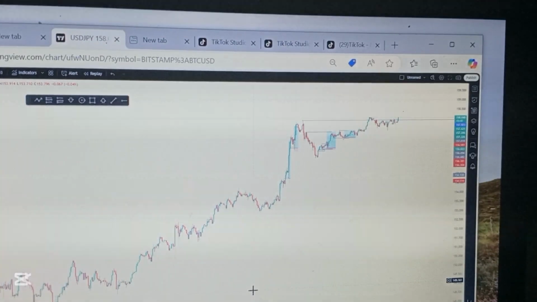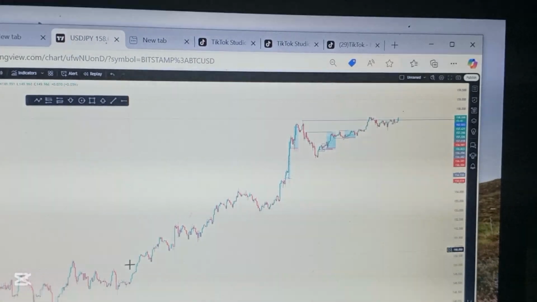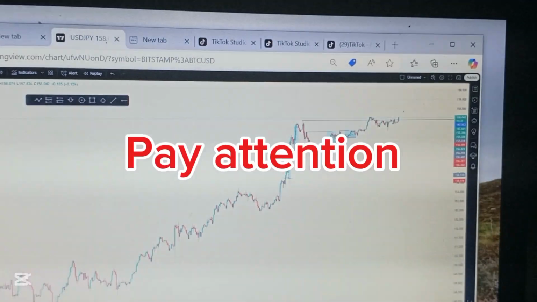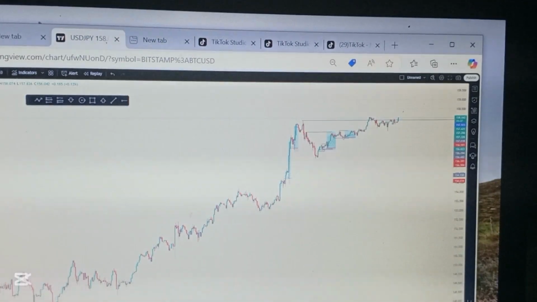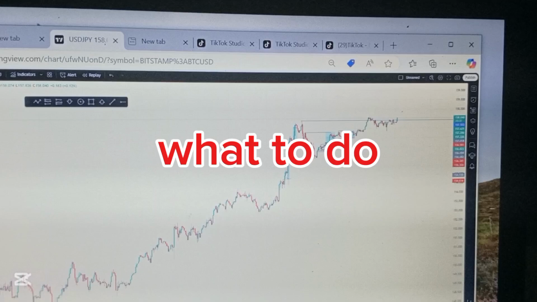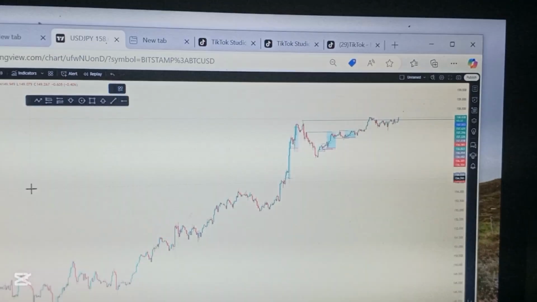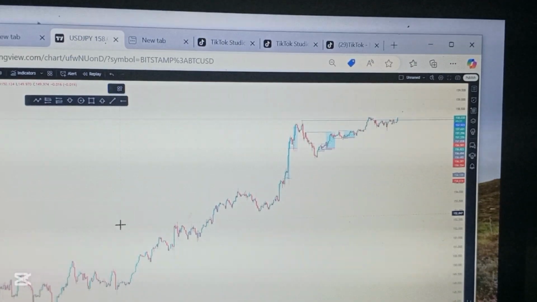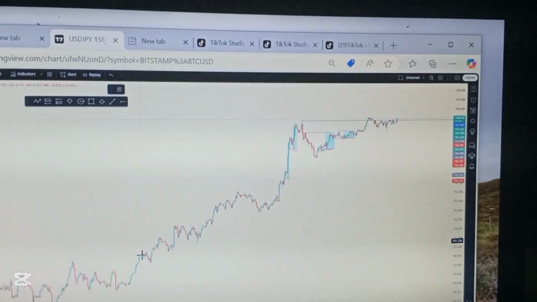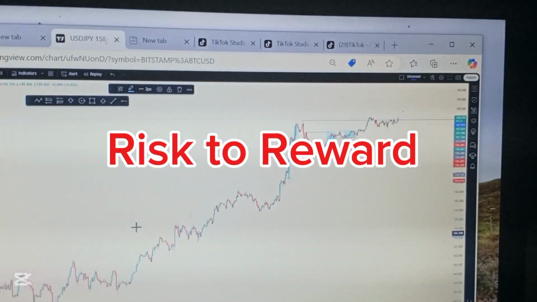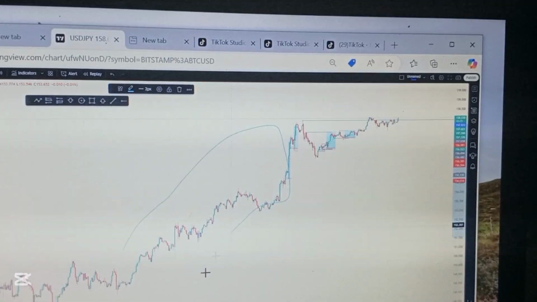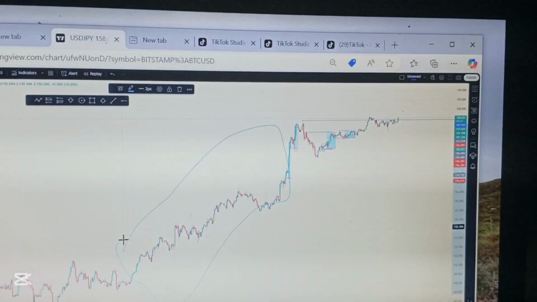First of all, let's go over to my risk management. How do I risk? What do I literally do to manage my risk? If I am to take any single trade at all, I will first of all know what my risk management is.